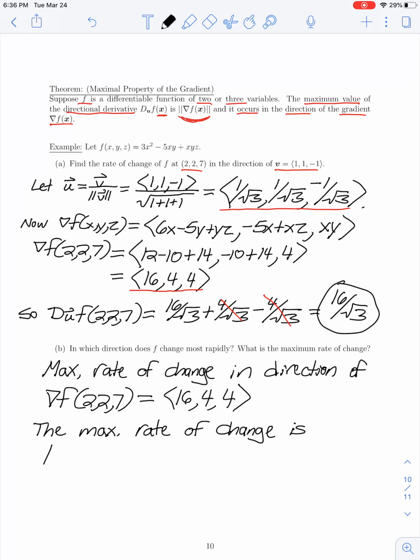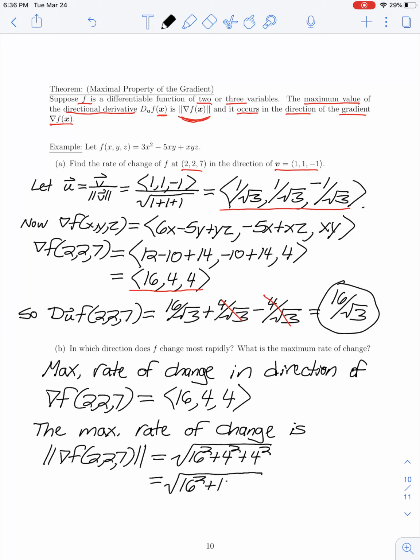So here the maximum rate of change is the magnitude of our gradient evaluated at the point 2, 2, 7. So here we would have the square root of 16 squared plus 4 squared plus 4 squared. So that is the square root of 16 squared plus 16 plus 16.